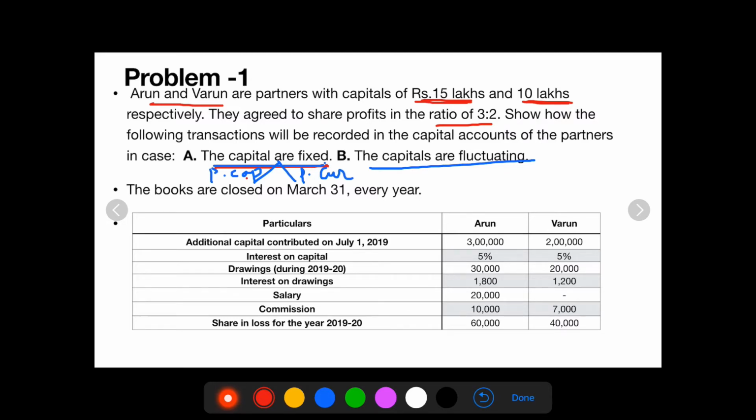Additional capital that is introduced, so additional capital 3 lakh and 2 lakh will go to partners capital account. All other information, that is right from interest on capital till the share in loss, will directly go to partner's current account.